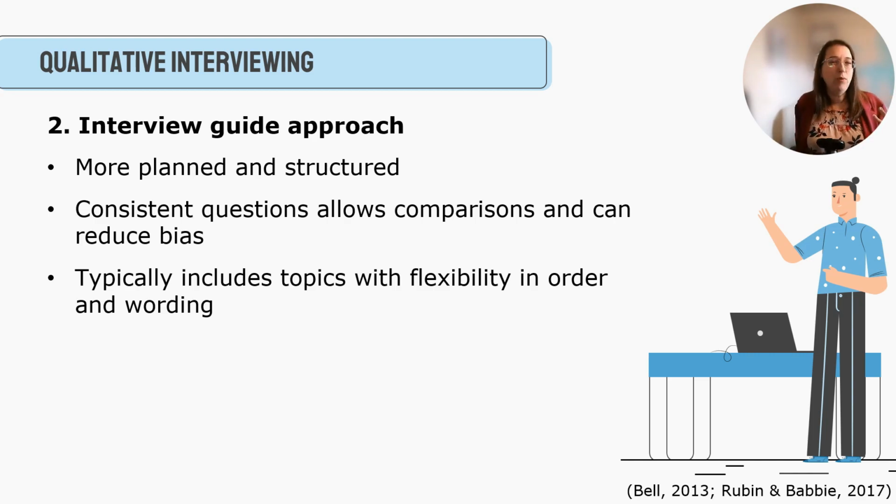So there's some value in having a little bit more structure. But typically with these interview guides, they might have more flexibility in the order and the wording. So they might give you a topic or they might give you a question, but you have the freedom to adjust it a little if someone doesn't understand it. Or if they start talking about something earlier than the guide shows, you can go to that and start asking questions related to that. So a little bit more structure, but still pretty flexible.